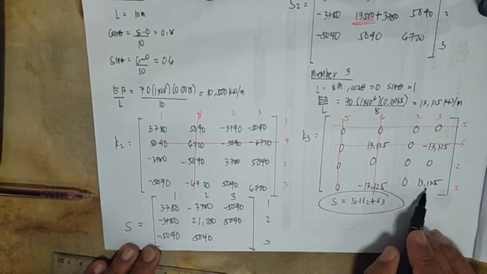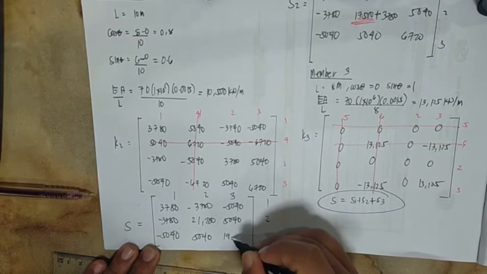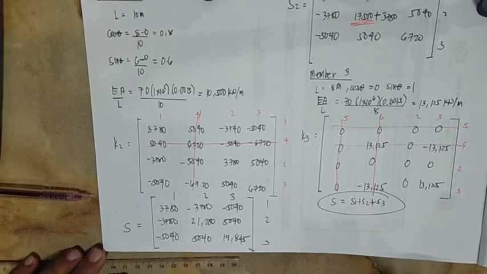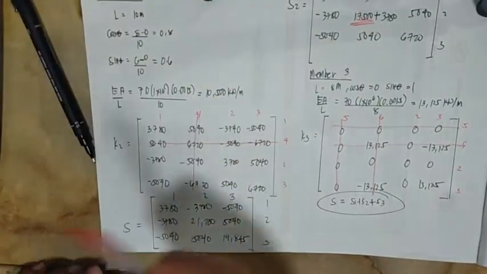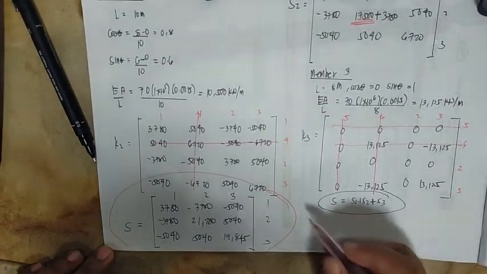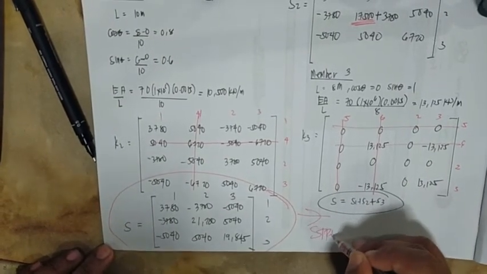Then 13,125 plus 6,720 is 19,845. So now, what we can see here is this is now the structure stiffness.